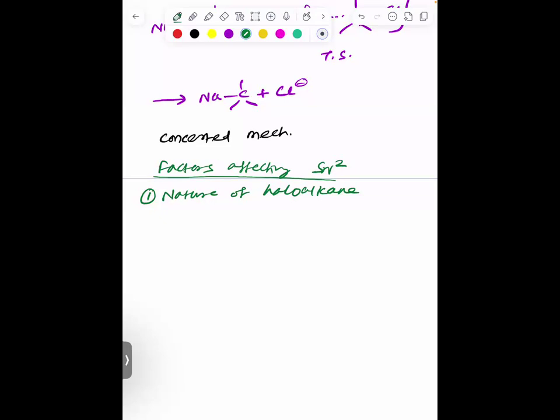That means lesser the steric hindrance, more is the rate of SN2 reaction.